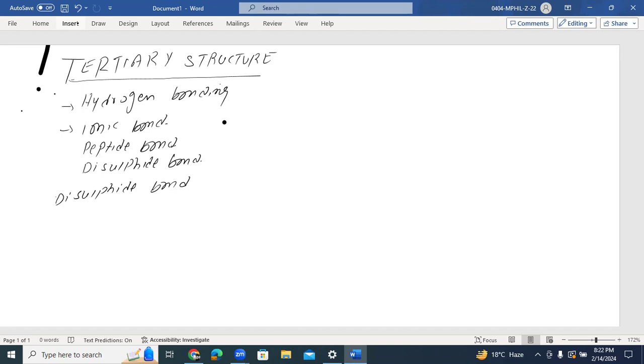So for this, there is an amino acid that is cysteine. Remember, cysteine. It's an amino acid, and this amino acid contains sulfur.